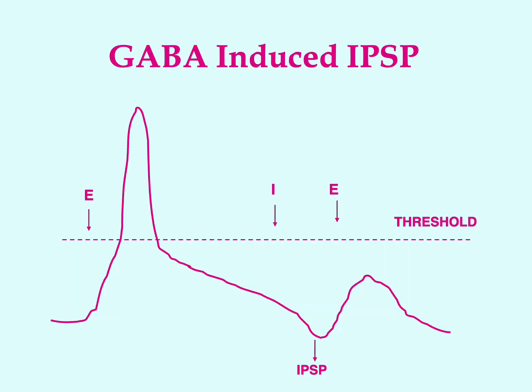So what happens is where you see E, that's an excitatory neurotransmitter. Normally that would increase the membrane potential till it gets to a threshold, and then you get an action potential where the nerve fires, and you get an effect. If you have something like GABA come along, the I here, and it opens a chloride conductance, it's going to hyperpolarize that membrane and cause what's called an IPSP, or inhibitory postsynaptic potential. In the case of chloride, the concentration inside the nerve terminal is about 4 millimolar.